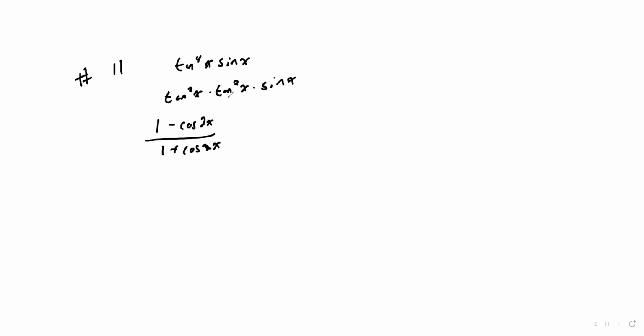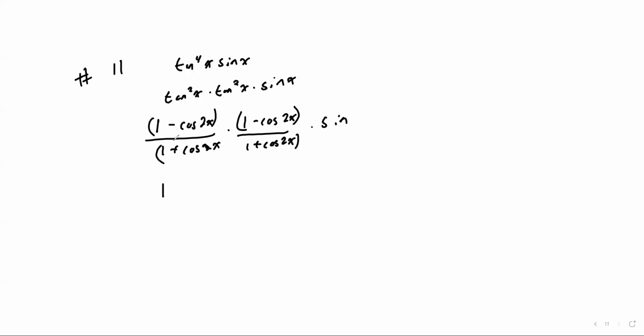And since it's really being done twice, I could write it as a square, but I'm going to need to fold this out. So I'm going to write this again: 1 minus cosine 2x, 1 plus cosine 2x times this sine x. Fold the top and fold the bottom. This is what we get then after that.